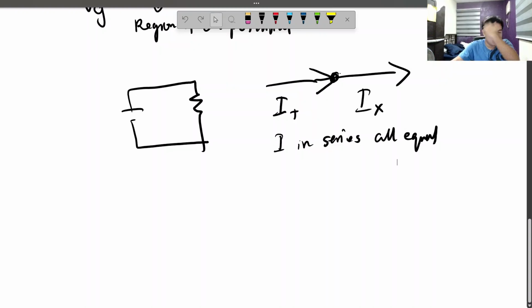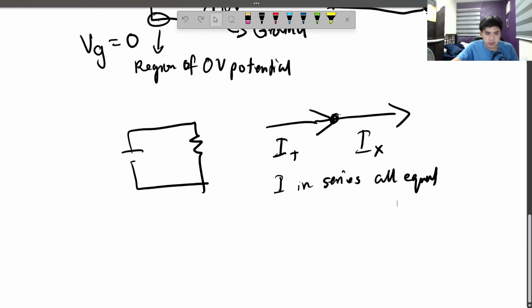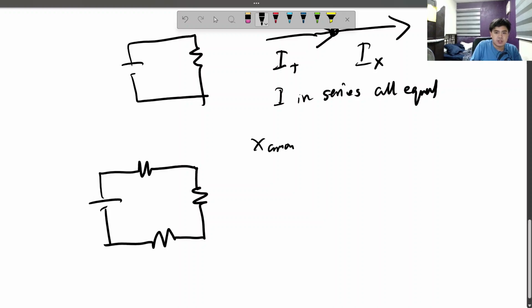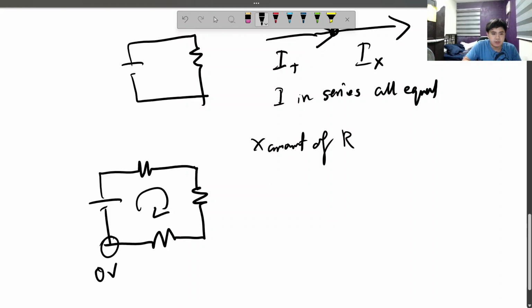Well, imagine a circuit with X amount of resistors. I'm going to draw three, but there's an X amount of resistors. According to Kirchhoff's voltage law, this should be a region of 0 volts and this should be a region of 9 volts in terms of the absolute potential.